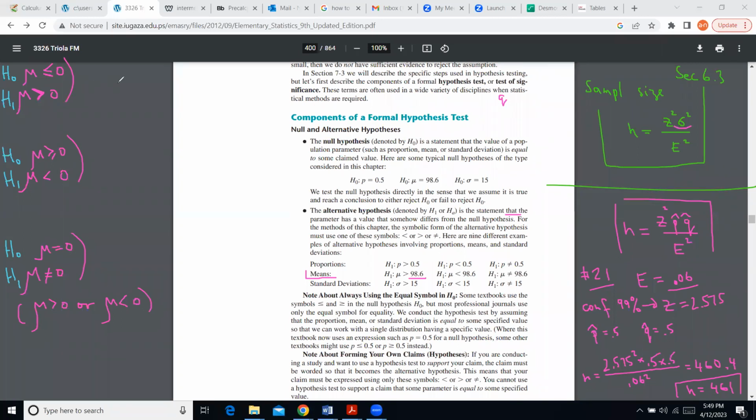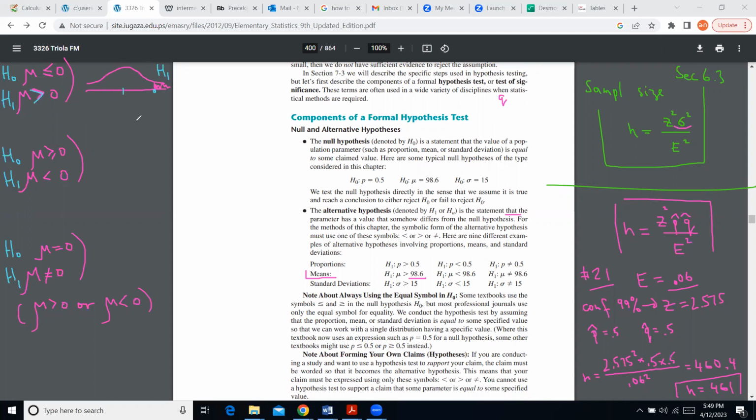So what people do is they make pictures on a normal curve, because we're dealing with mu, with the mean, of those so-called H1 hypotheses. So H1 is going to be here because it's somewhere on the greater than zero side.